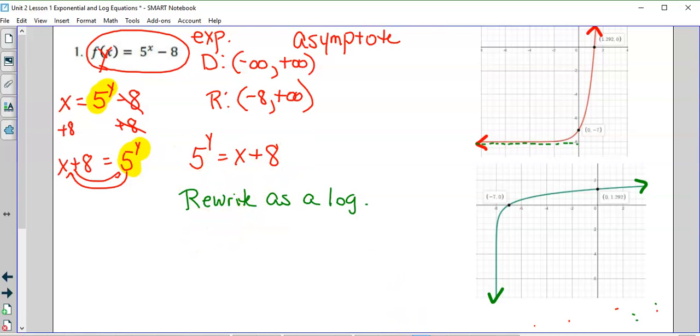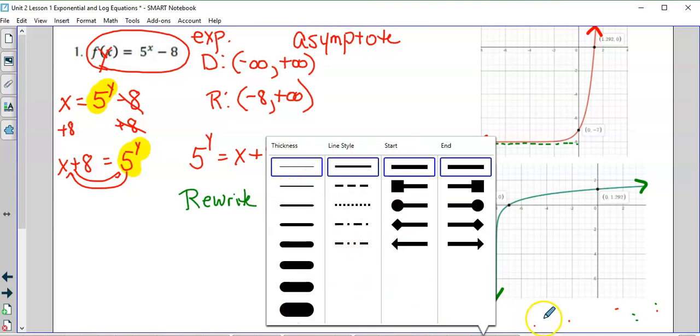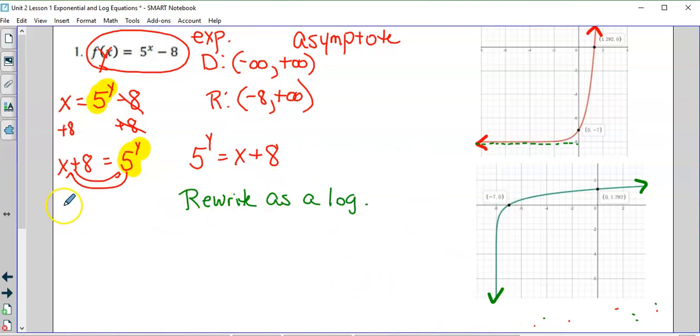So I'm going to change colors. And I'm going to write log. The base is the 5, because it's 5 to the y power. And then in parentheses, what is over here on the right, I write that there, and then equals y.